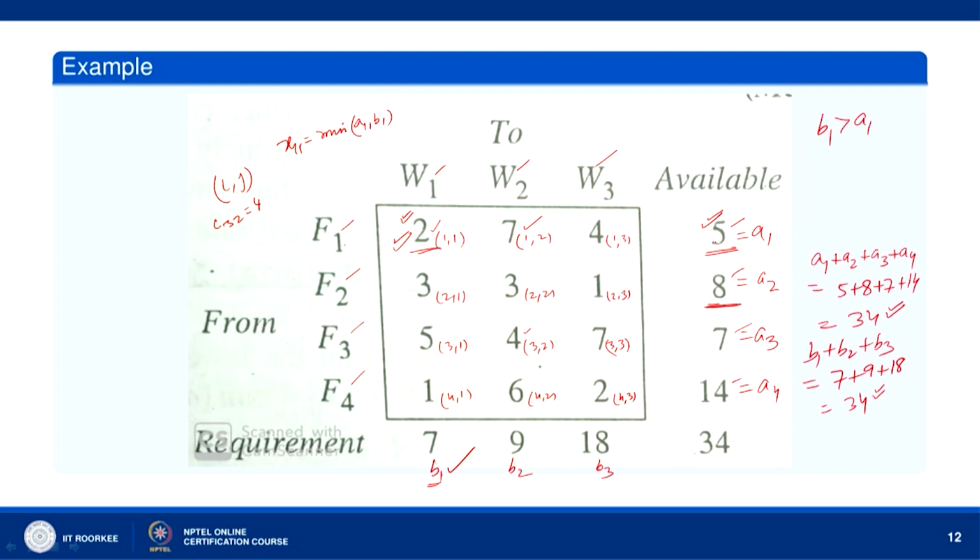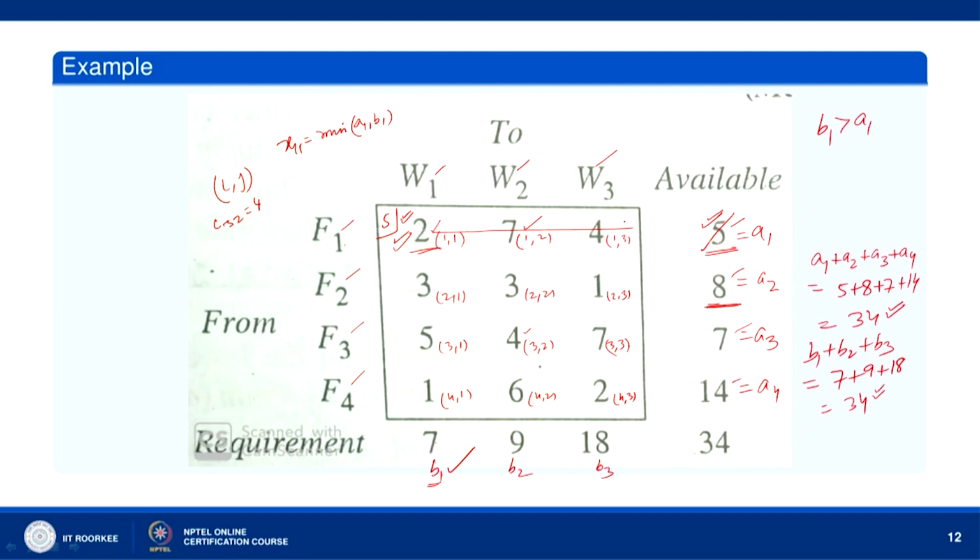So, we take the minimum of 5 and 7 and allocate 5 to this cell W1. Now 5 is allocated here, and there is nothing more which can be allocated from the source F1, so we cross out the first row.